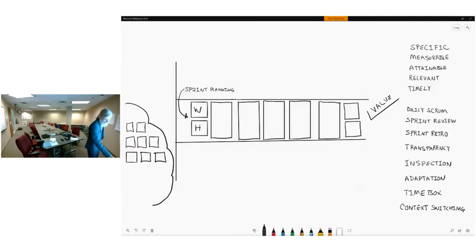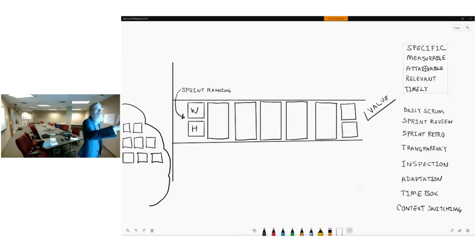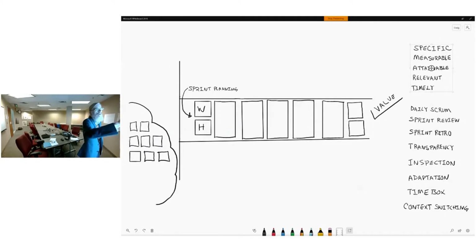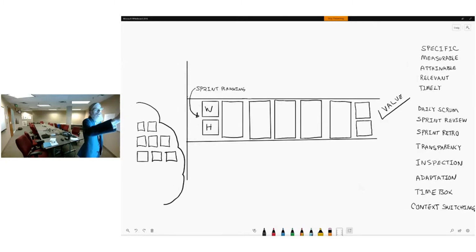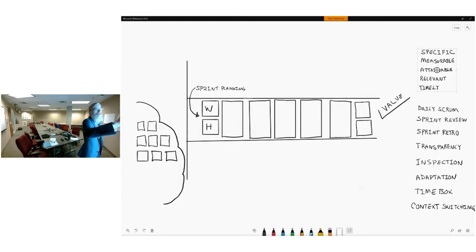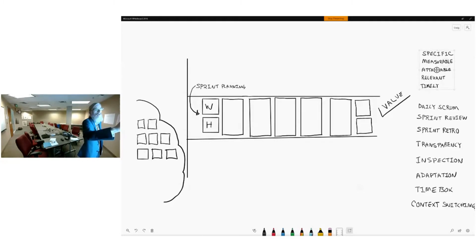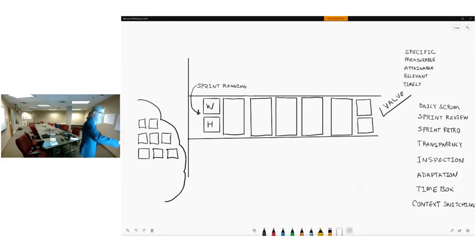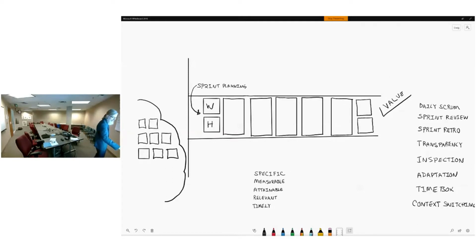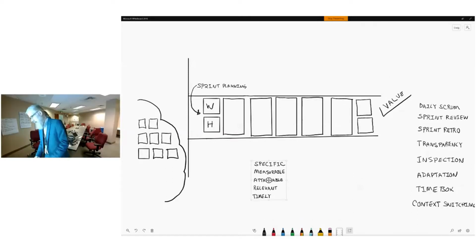And the sprint goals should be specific, measurable, attainable, relevant, and timely.